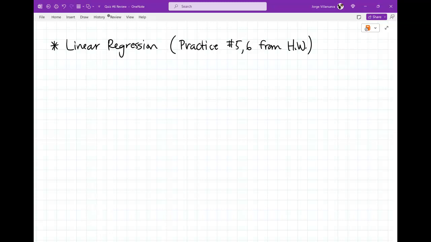Height will be X, weight will be Y. This will be your X value. Weight will be your Y value. So they're going to basically give that to you, and they're going to give you a table.